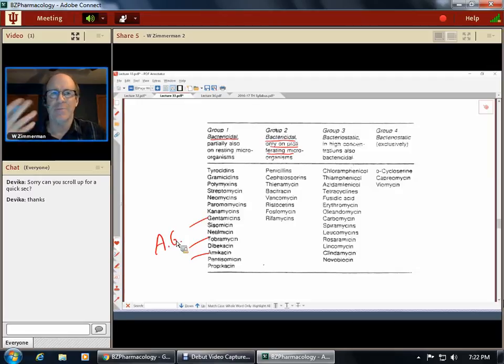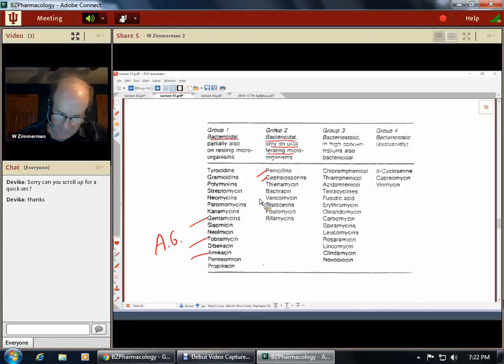Whereas the beta-lactams need the growth to be occurring. So the penicillins, the cephalosporins, bacitracin, vancomycin, these are cell wall inhibitors.